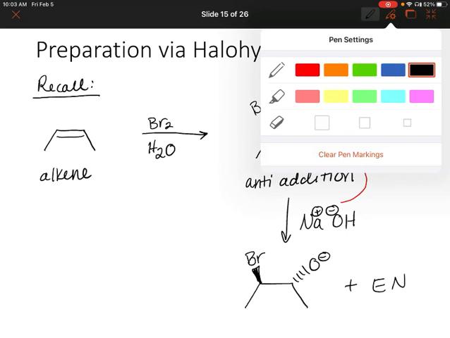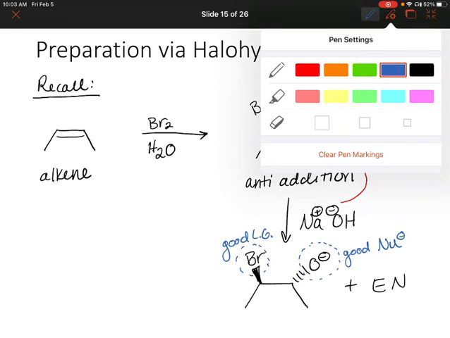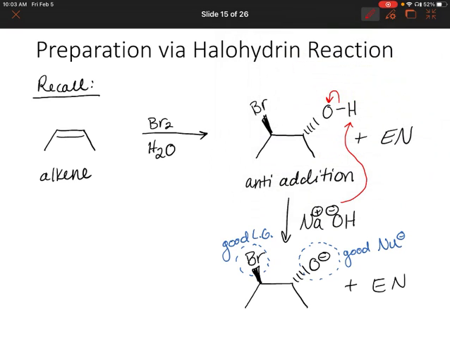Now, one thing to notice in this situation is that the negatively charged oxygen is a good nucleophile, and bromine is a good leaving group. So what we'll find here is a substitution reaction, and it's actually called intramolecular. So we have an intramolecular SN2 reaction.